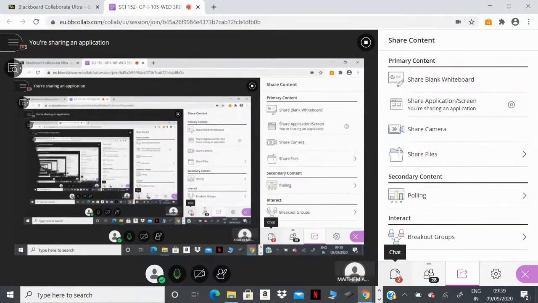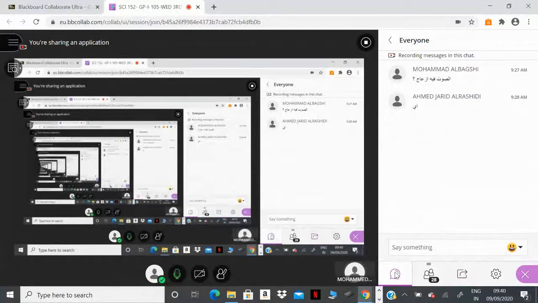Character of units. Brother, which unit are you asking? I will write in English. Yes, please. You can just type it in the comment, then I will see. Okay.